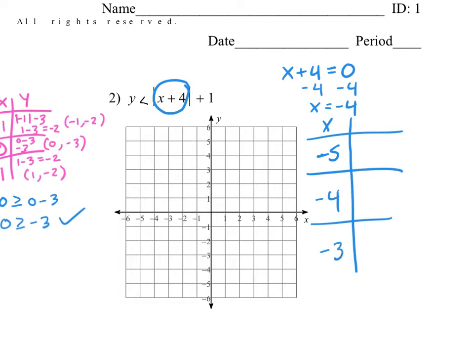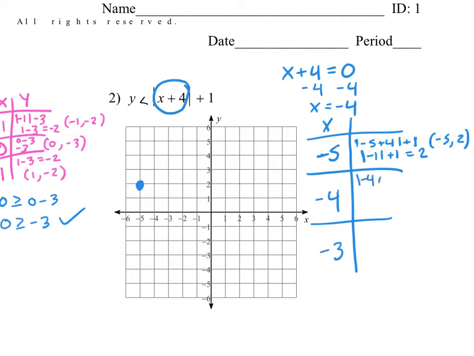We have the absolute value of -5 plus 4 plus 1. So -5 plus 4 would be -1. So the absolute value of -1 is just 1, and 1 plus 1 is 2. So this is -5, 2. So we go to the left 5 and up 2. Next we plug in -4.